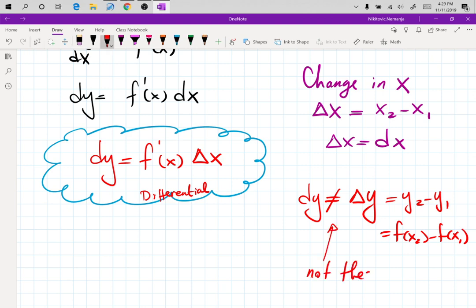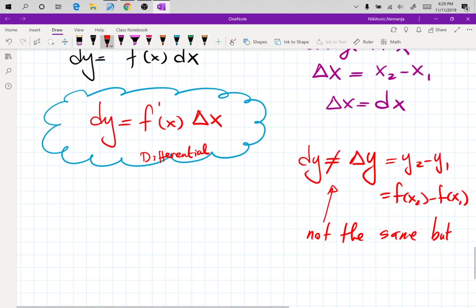So they are not the same, but they are close. And because they're close, that's why we say that differential approximates the change. Yes? But dx is equal to the change in x, which is equal to x2 minus x1.